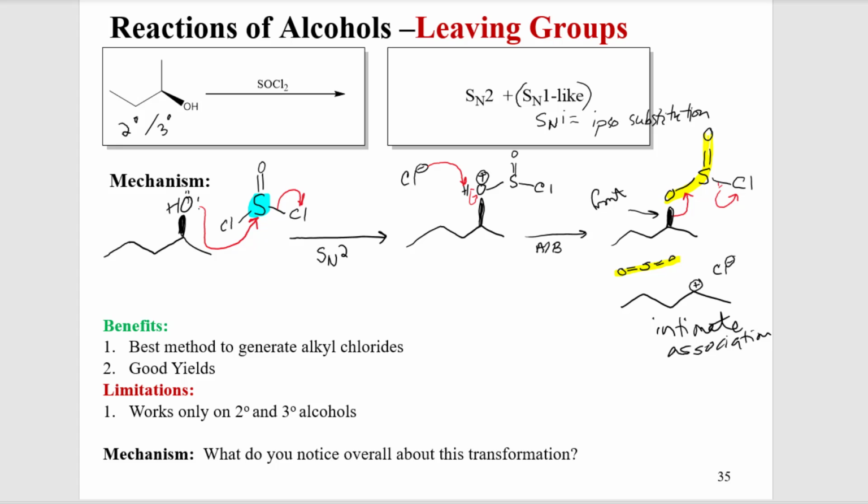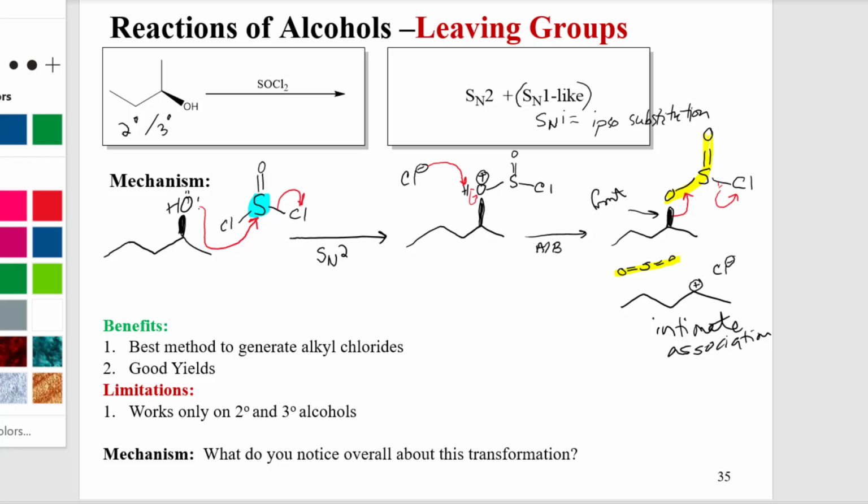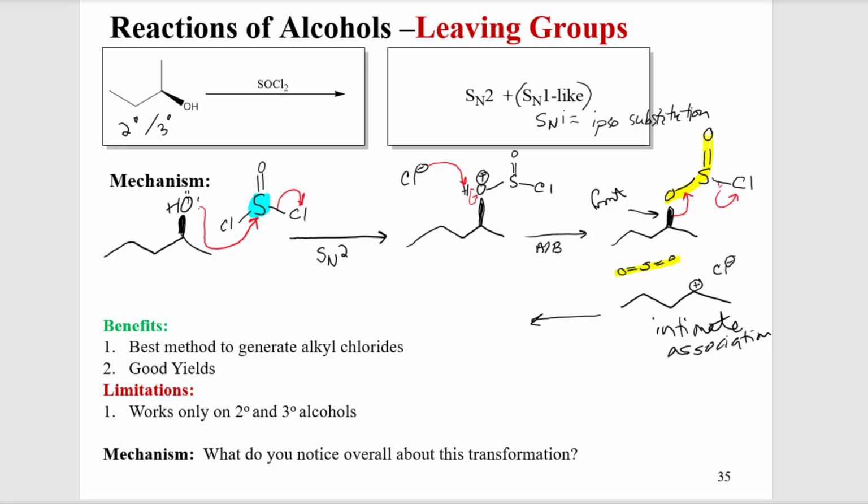No, you get dropped off and immediately you're associated and attracted to this positive charge from where you just got dropped off. You're only going to have a nucleophile available when this leaves, right? As it leaves, it's dropping off the nucleophile right on the face that it's going to do the attacking. So you actually get retention of configuration.